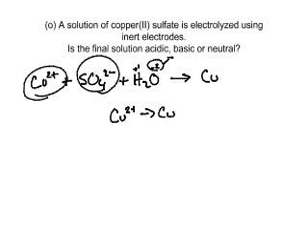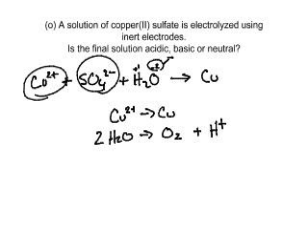Since this is redox, I'm going to try and do them in the half reaction method. And the water is going to turn into oxygen. And then the other product is simply hydrogen. And to balance that out, I would need a 2 here, and I believe a 4 there. That's correct. And that would require 4 electrons, and this would require 2 electrons.